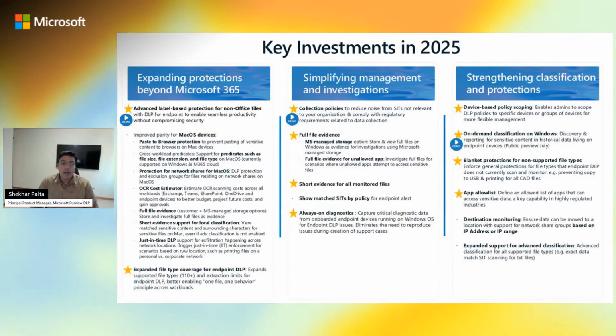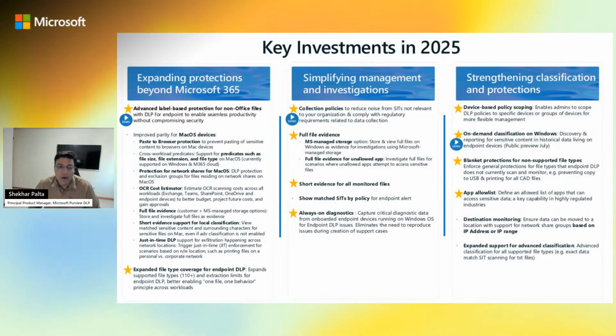Next, I want to talk about another critical capability that we'll dive into a quick demo for as well during the call, which is on-demand classification on Windows. What this capability allows you to do is to really discover. Now, there could be a host of files that have not been made visible to endpoint DLP so far, and a lot of content might be existing across your endpoint devices.